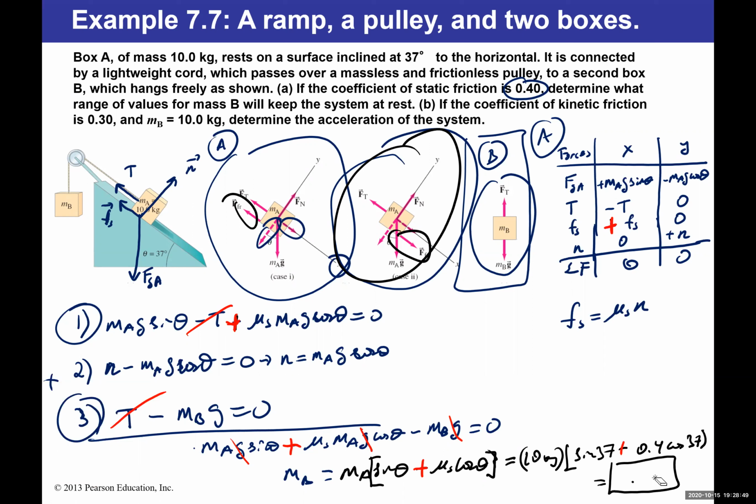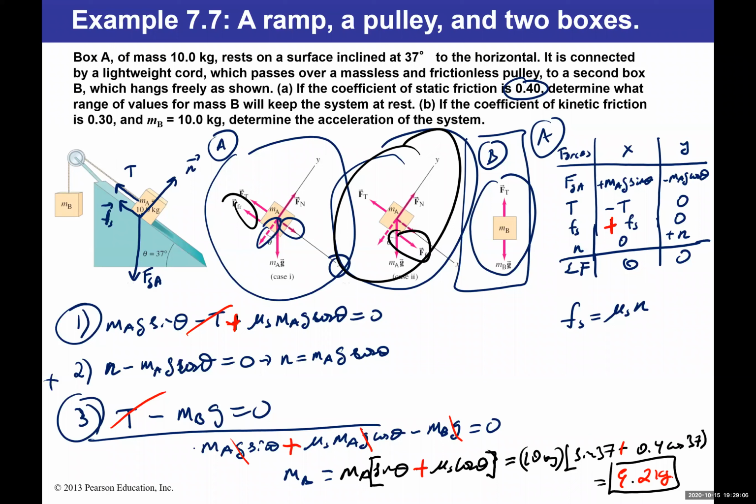And if I do that calculation now with this new expression, we'll get 9.2 kilograms, because we're adding here together. So we get 9.2 kilograms. And that's kind of what we have.